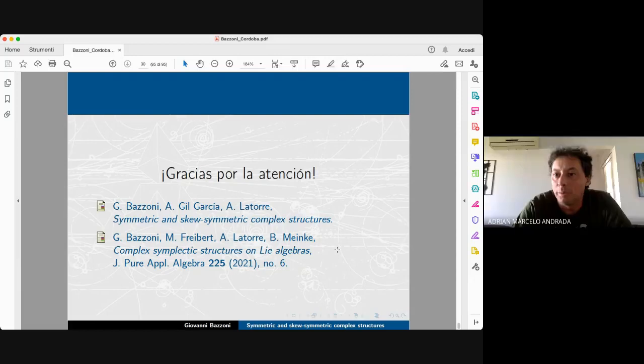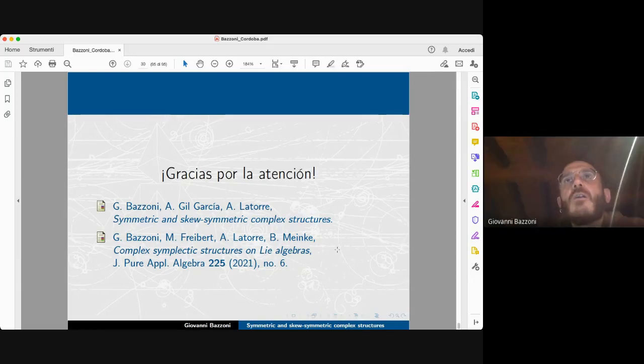Yes, yes. So it would be interesting. We have not studied this. It would be very, very interesting. It's surprising that there is basically no study of complex symplectic structures, even on nilpotent algebras. So we were very surprised.